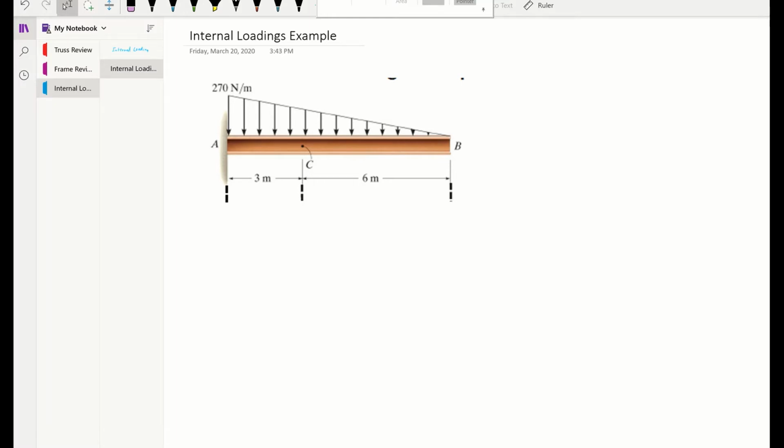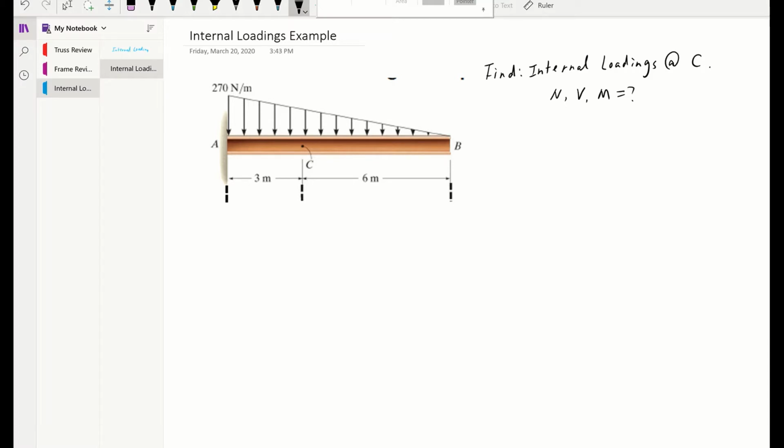For this problem, they want you to find the internal loading at point C. So in that case, they want you to find normal, shear, and bending moment, all three of them. Okay, so how do we solve this?